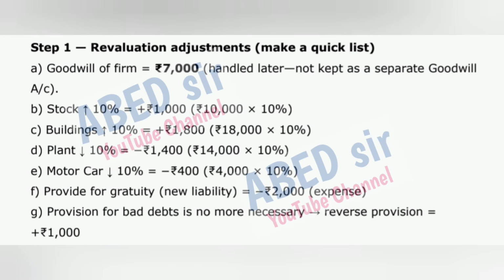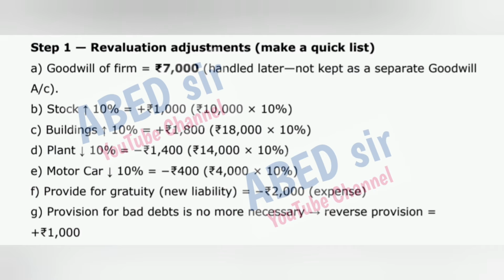Step 1. Revaluation adjustments, make a quick list. A. Goodwill of firm is equal to 7,000 rupees, handled later, not kept as a separate goodwill account. B. Stock 10% is equal to plus 1,000, 10,000 rupees times 10%.